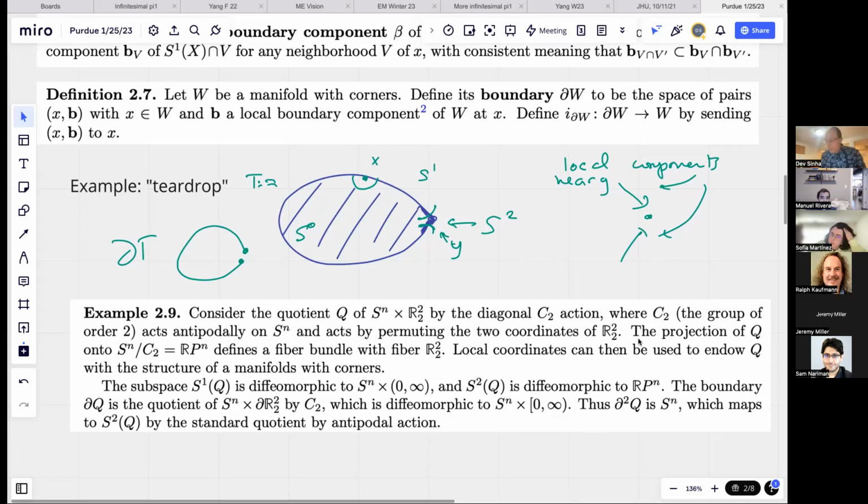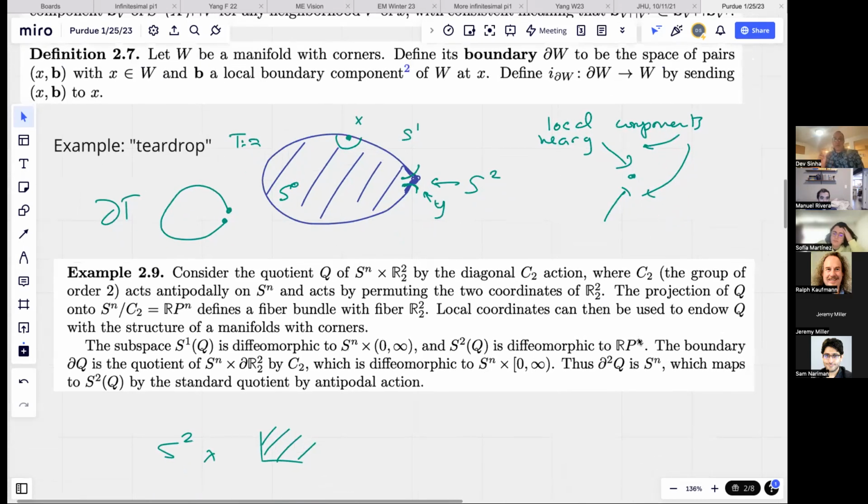So I'm going to take Sn, just think S2 cross quadrant, or maybe S3, and then I'm going to quotient by the action of the cyclic group of order 2 switching the two axes. So you've got a fixed point along here, but otherwise you're permuting, right? So this space, if I quotient, fibers over RP2 or RPn with fiber the quadrant, and so it's a manifold with corners.